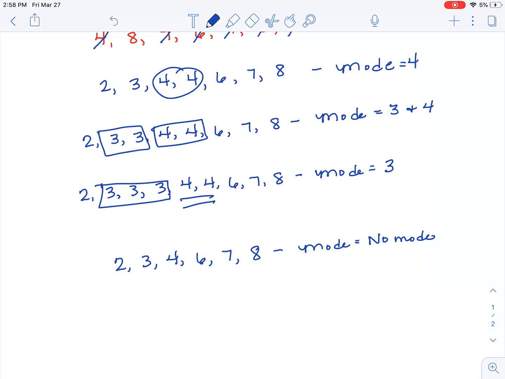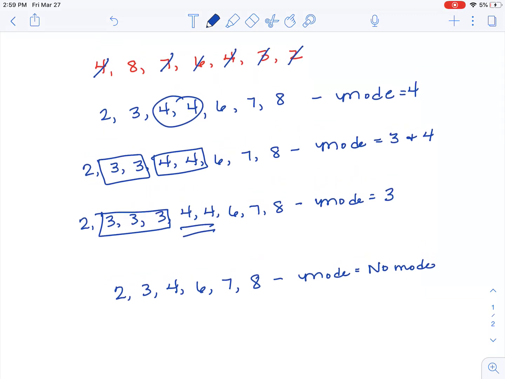Now don't put 0, because 0 would mean there's a 0 in your data and it happens the most. You actually have to write out no mode. So sometimes you have 1 mode. Sometimes you can have 2 modes. Then you go back to having 1. Sometimes there is no mode.